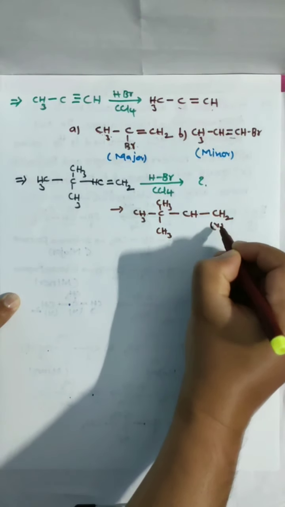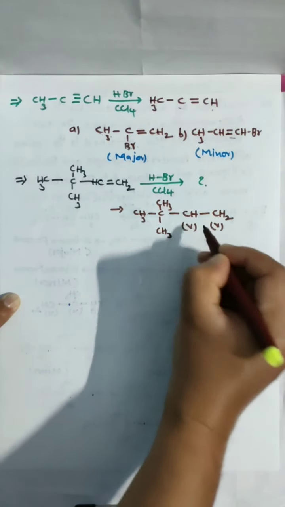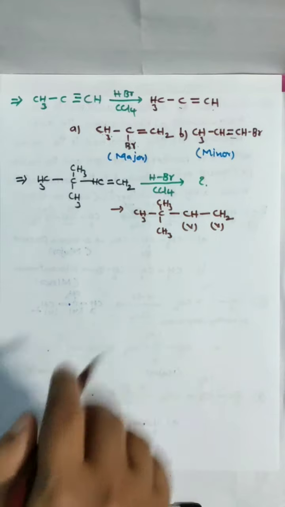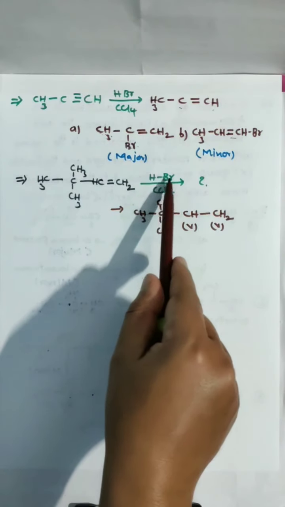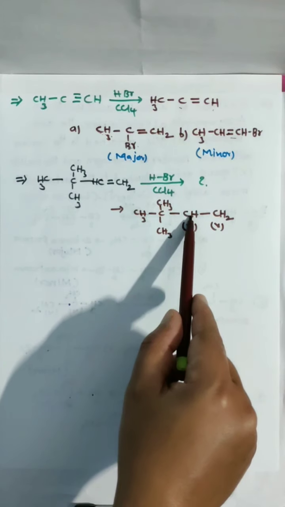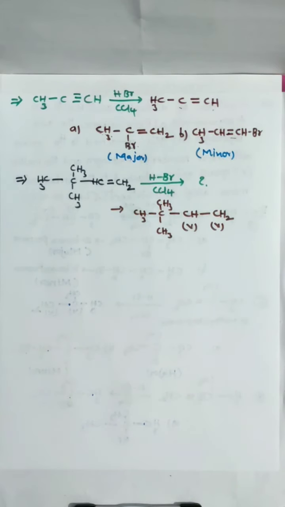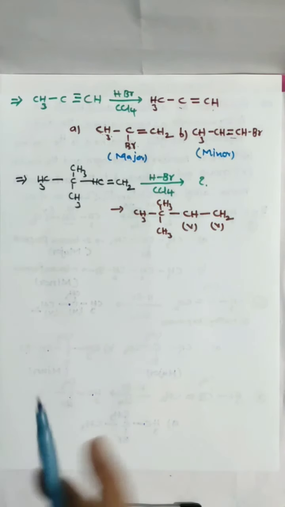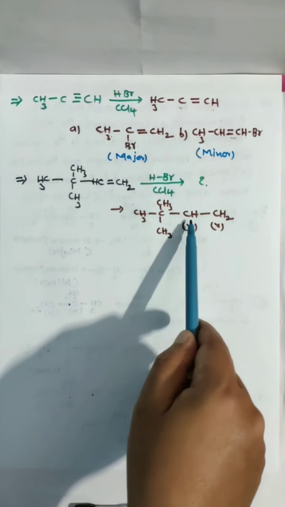Here one vacancy and here one vacancy is there. Now bromine gets attached here and hydrogen here. Next time here bromine, here hydrogen. But that is the wrong product. Why? Because see here, this is one carbocation.